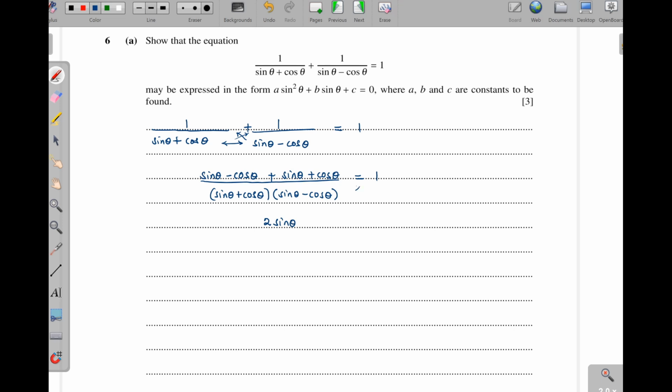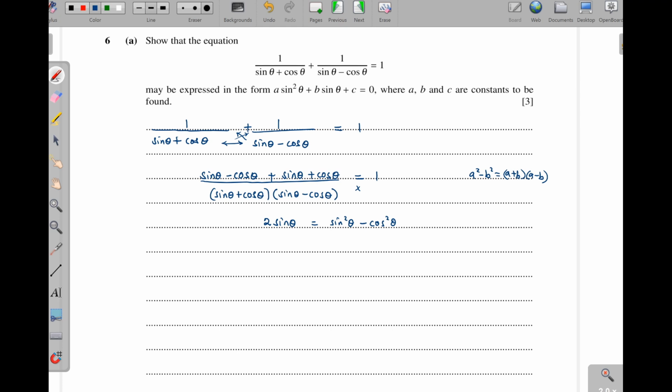Okay, and then when we cross multiply here, this is a difference of 2 squares, because you know that a squared minus b squared is equal to a plus b, and then a minus b. This is our a, this is our b. So we just need to square the sine, and then we also square the cosine, just like that.